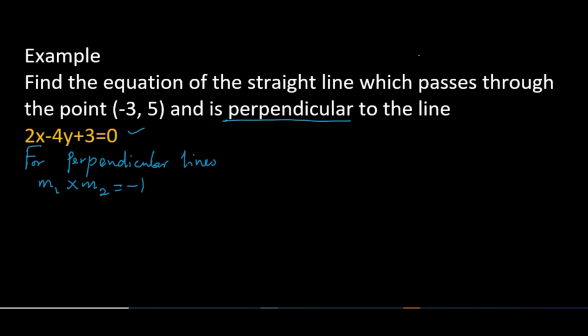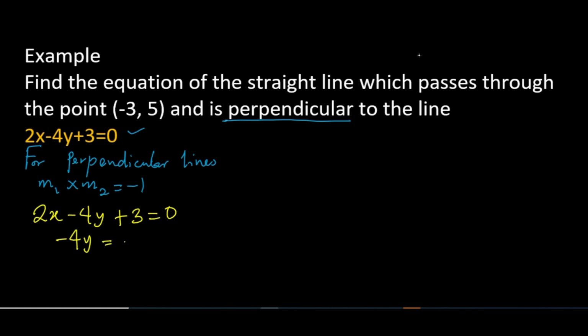We just finished that. Okay, so we find the gradient of the first line first. And to find the gradient of the first line, we make y the subject of the formula.